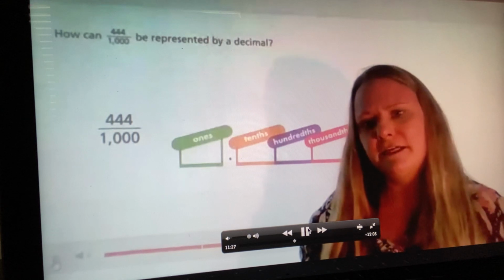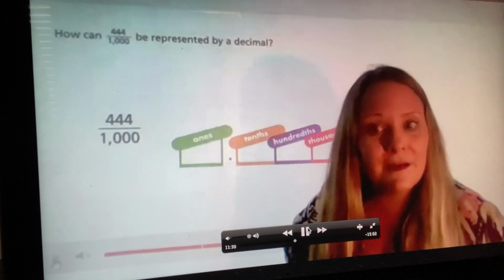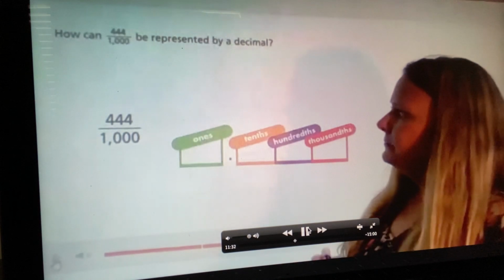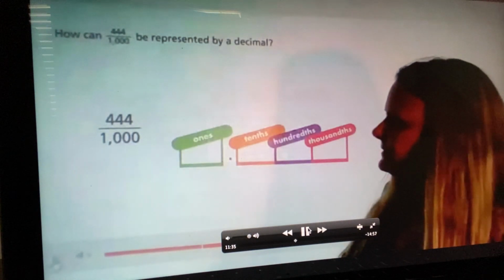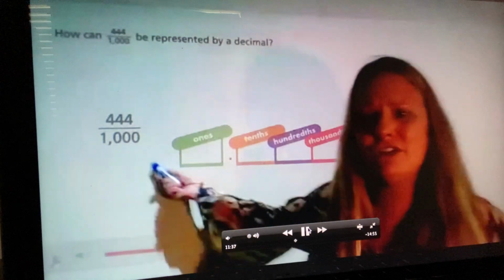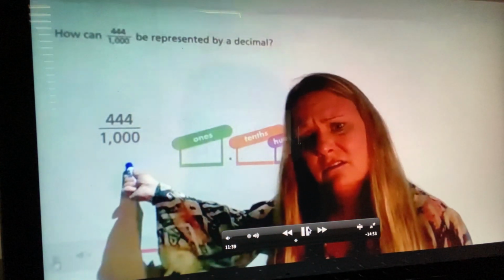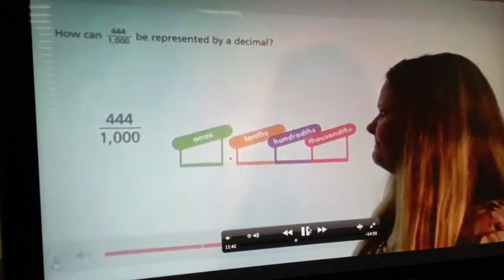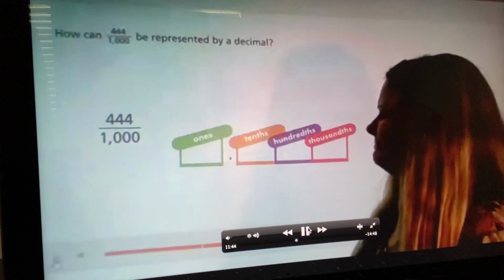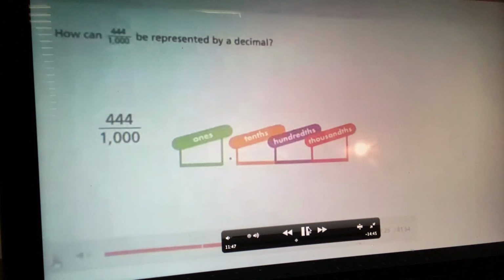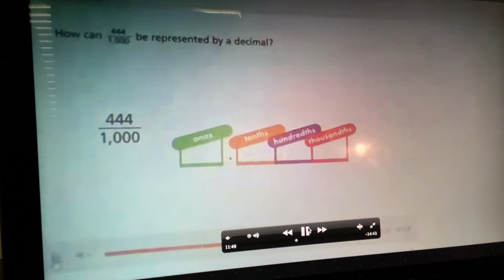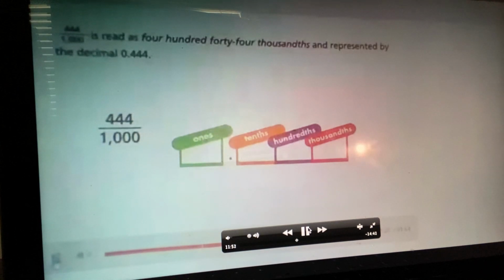If we break it down by place value, I can put the right number in the right place value. I don't know. But I don't understand how there's place values on a fraction. Let's see what it says. 444 thousandths is read as 444 thousandths and represented by the decimal 0.444.